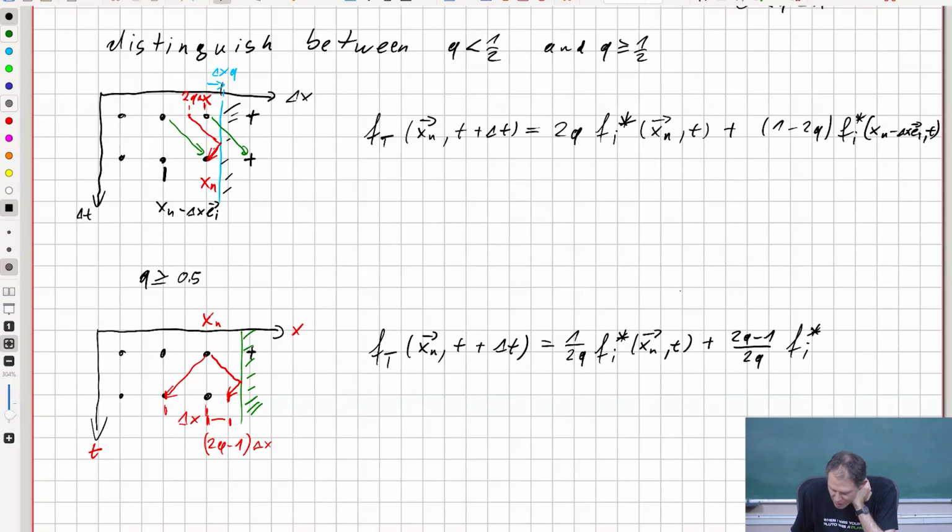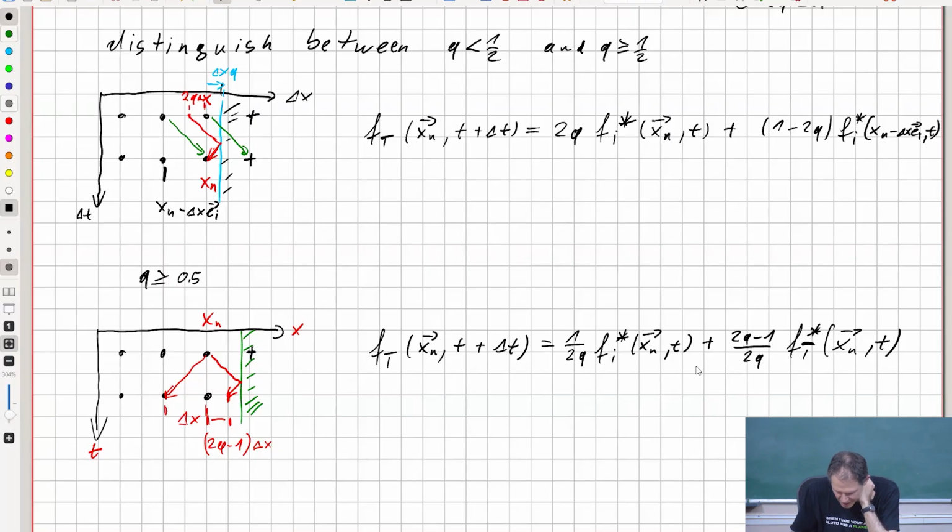Okay, I miswrote this, this is the opposite. So it is fi over bar, right? Fi over bar of xn and t. I think this should be the right way.